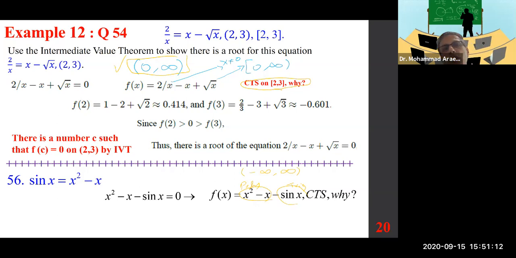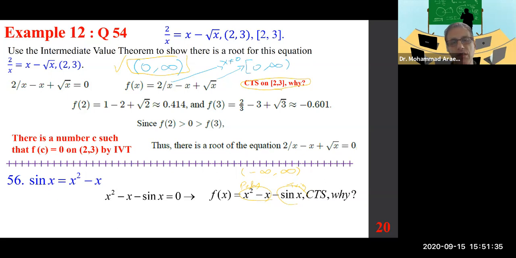Domain is all real numbers. So the moment you say continuous, it's fine, come up with the domain. So the function has a domain which is all real numbers. Now all you have to do, and this is by inspection, class, make up 2 points such that they give us different functional values.